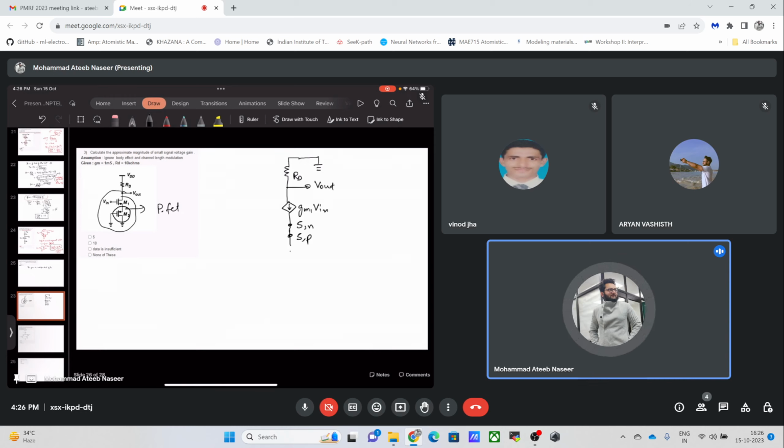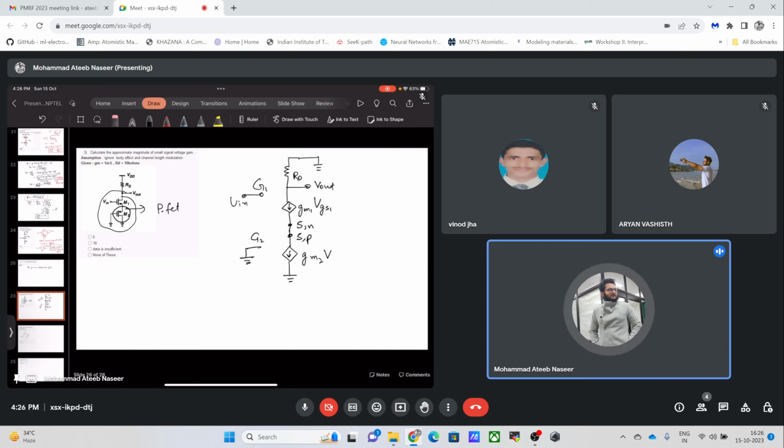So this will be gm2 times Vsg. This is at Vin, this is our gate. The gate of this is also grounded, Vg2.